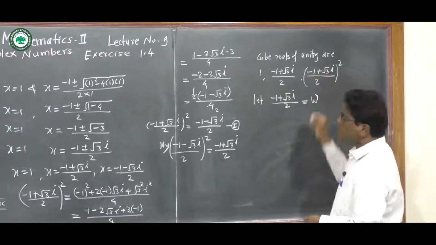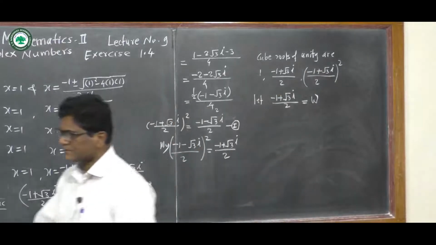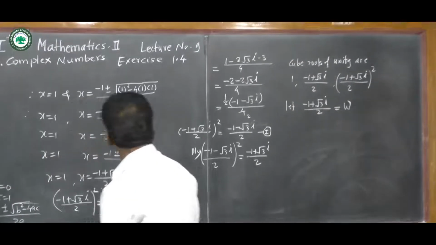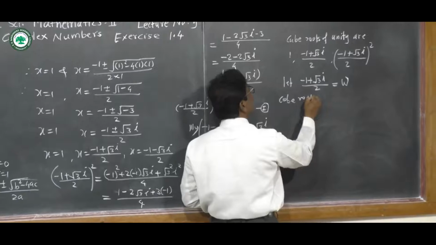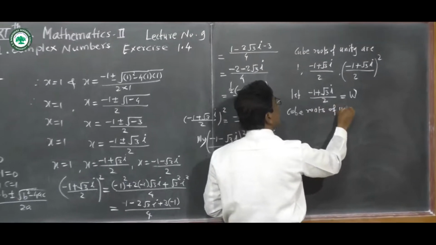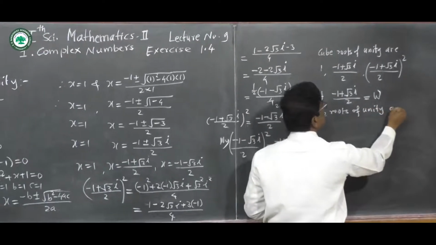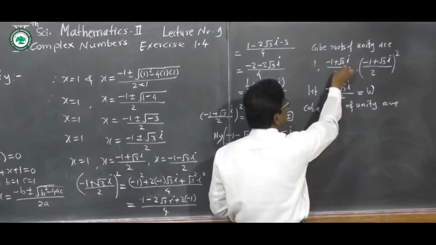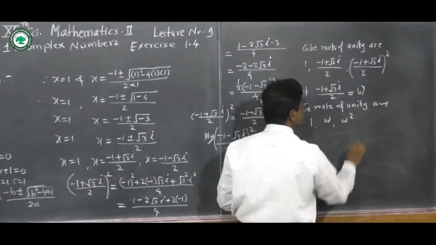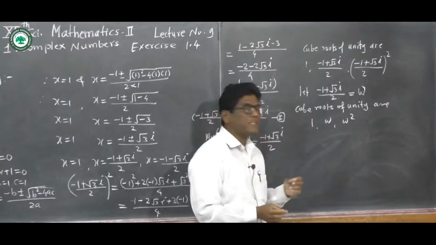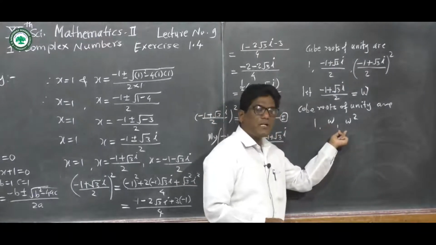So the cube roots of unity are 1, omega, omega squared.